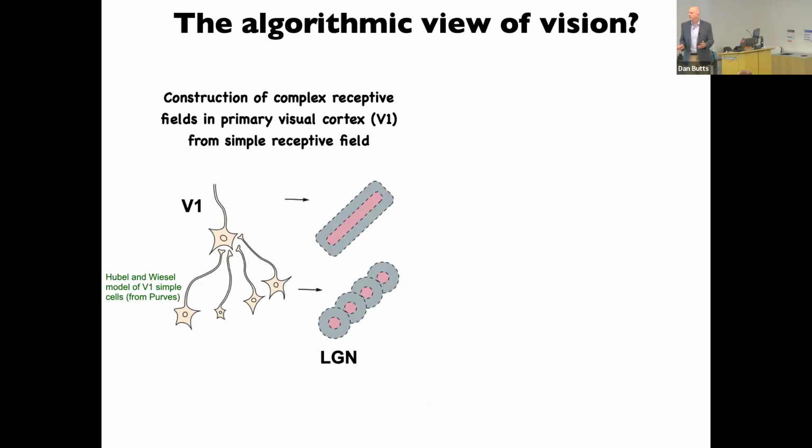And at least as I've seen it, it came from this upside down picture. I turned it upside down so it can be oriented, of the wiring of neurons in primary visual cortex, which are selective, at least back in the day, to oriented bars, and how this is assembled from getting feed-forward connections.